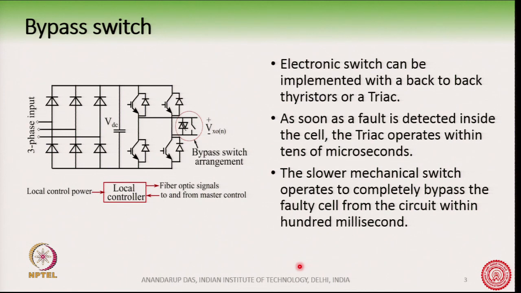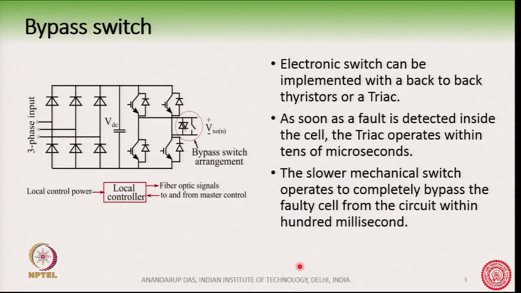So, when a fault is detected, at first this back to back thyristor or the triac is fired, and within tens of microseconds this thyristor starts to conduct. So, the current will be bypassed.